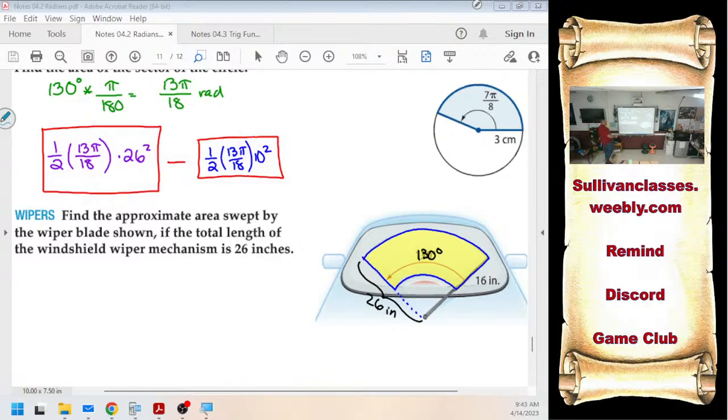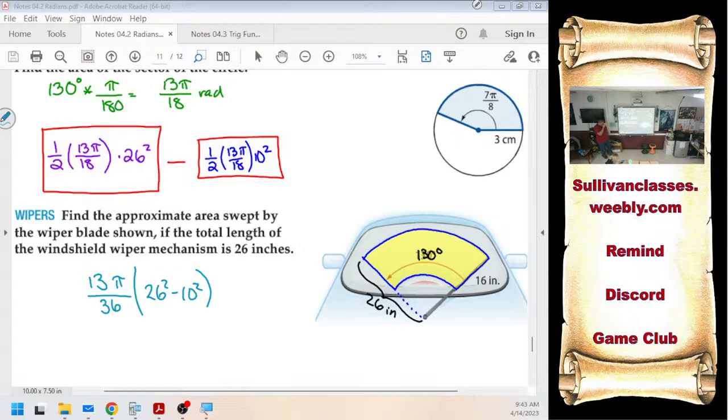So I could say 1/2 times this is 13 pi over 36 times 26 squared minus 10 squared, which is 676 minus 100, 576. And 576 divided by 4? Yeah, 4 goes in there.